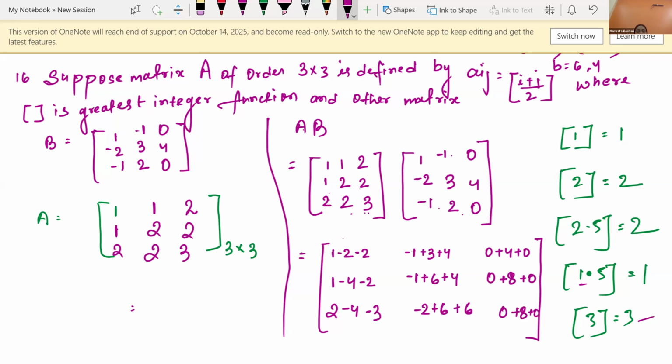Yes. And now we just need to do the simplification to get the final answer. Please do this much and let me know. I'll be showing you the next part. Okay.